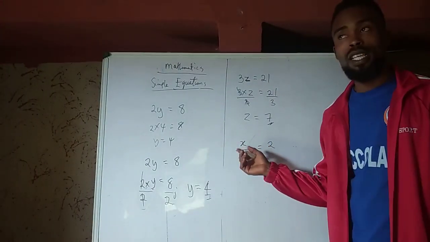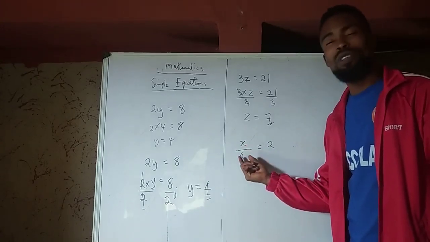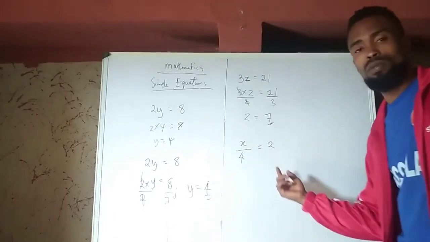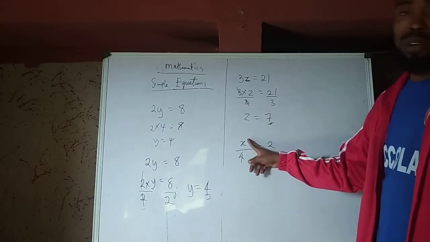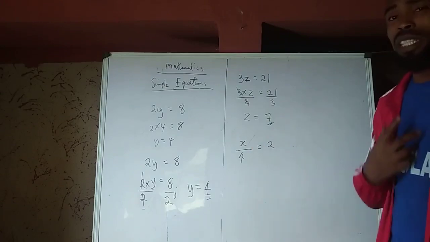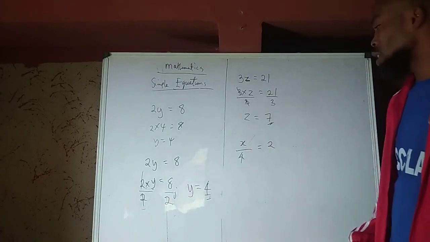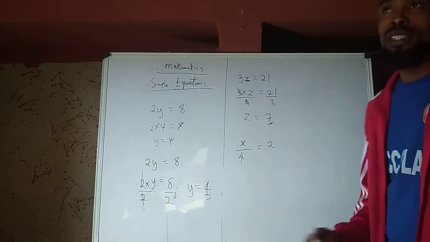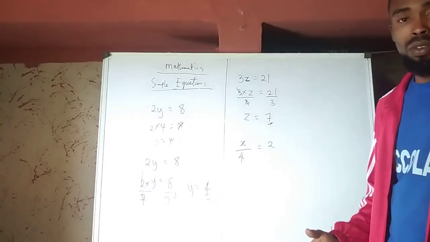What this is simply saying is, what number is it that when we divide it by 4, we will get 2? It's staring me in the eye that 8 divided by 4 will give me 2. But how do we get that without having to guess?